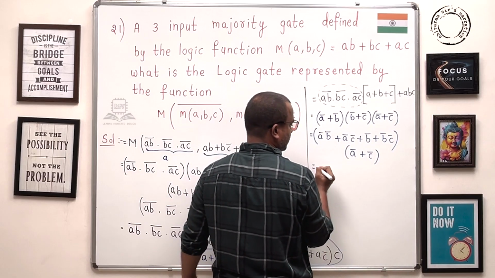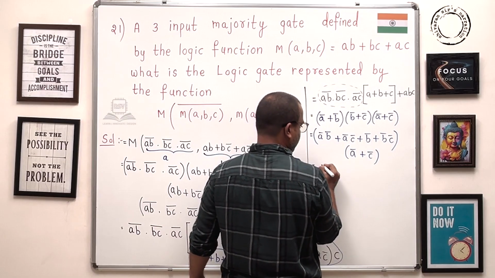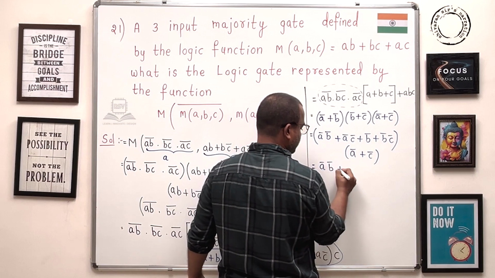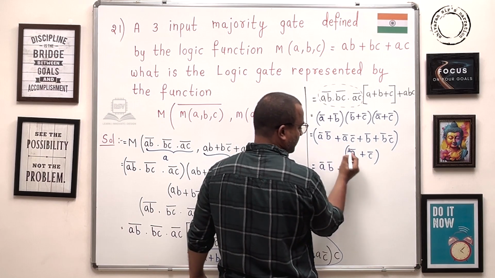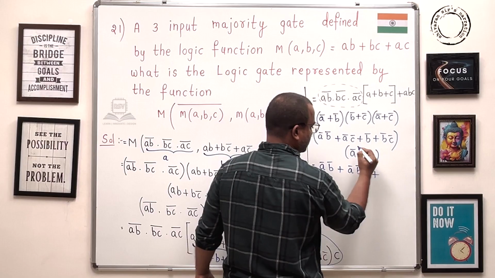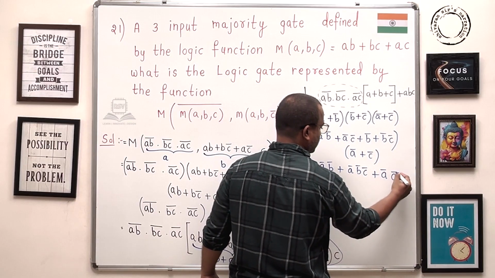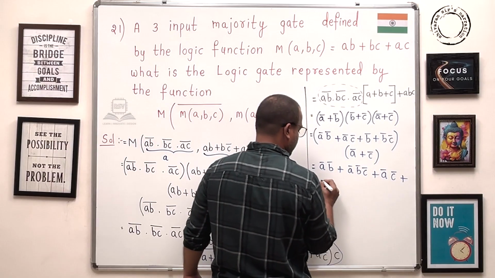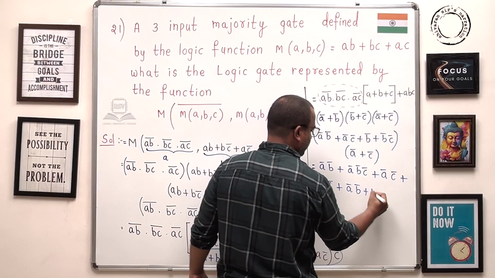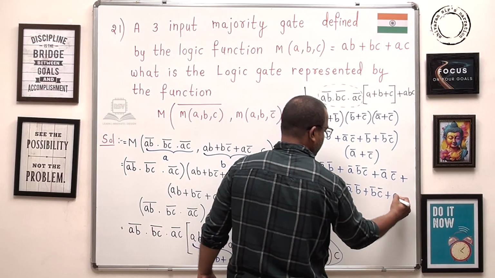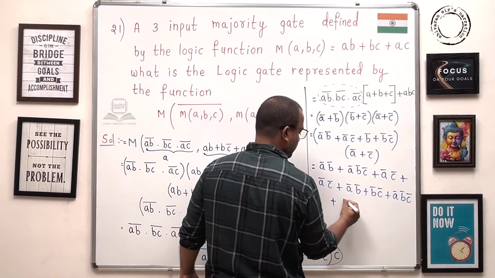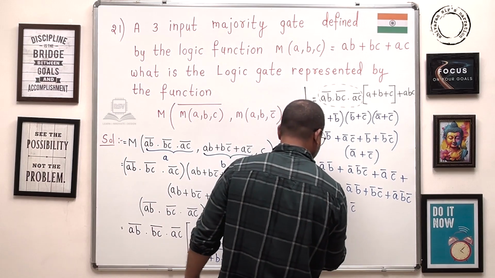Now again here it is A bar B bar into A bar B bar. Similarly A bar into B bar, A bar B bar into C bar, A bar B bar C bar. Similarly here A bar C bar, A bar C bar, A bar B bar, B bar C bar, A bar B bar C bar plus B bar C bar. This one guys.